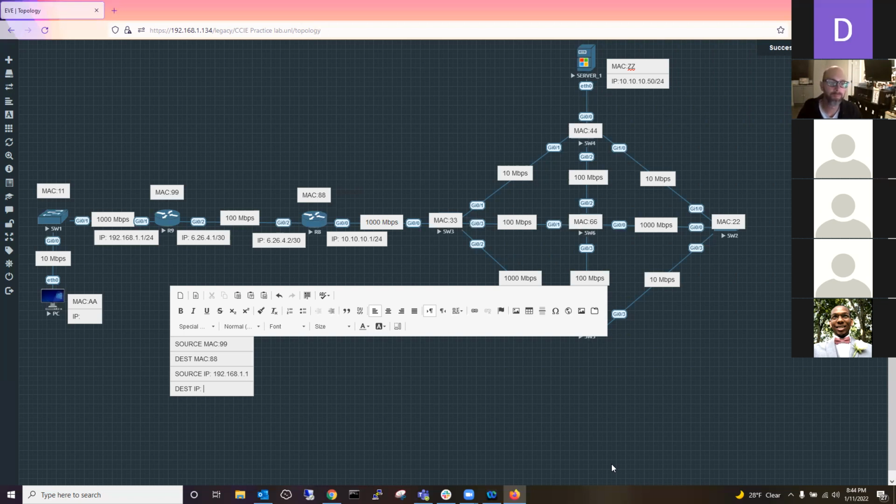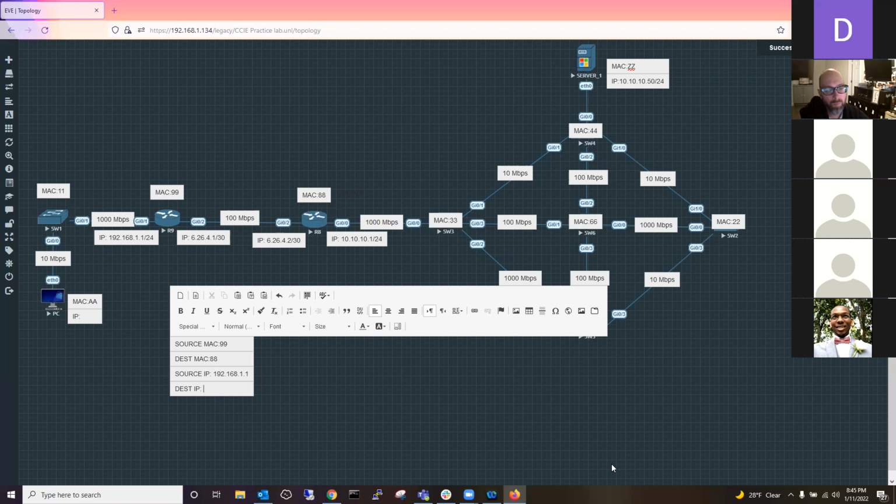Yep. So with that being said, what's our destination IP address going to be? The destination will be the IP for router 8, because that's the direction in which the traffic is going. Okay, logically, looking at the diagram and looking at a network, that would make sense, right?